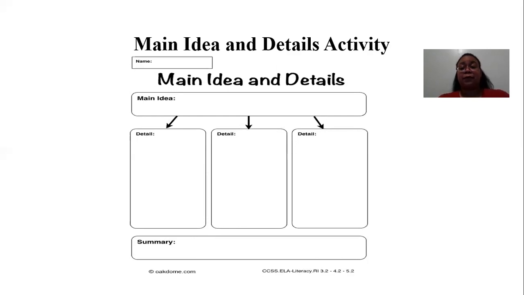Write 3 different details. You're going to write detail 1 in here, okay? And then you're going to write detail 2 there. And then you will write the 3rd detail in the last box. So I want you to pause it and go ahead and find those details.